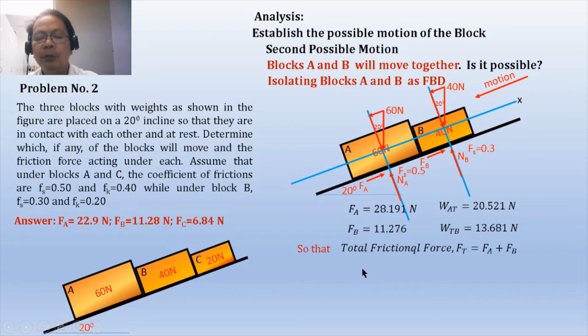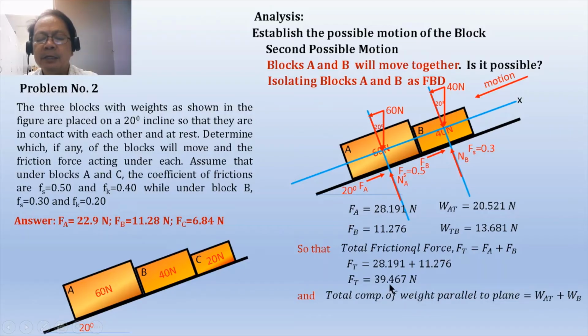If we examine the total frictional force, which is the sum of F sub A plus F sub B, whose value is 28.191 plus 11.276, this magnitude will be equal to 39.467. And the total component of the weight parallel to the plane is equal to the sum of W_A parallel and W_B parallel, which is this component.